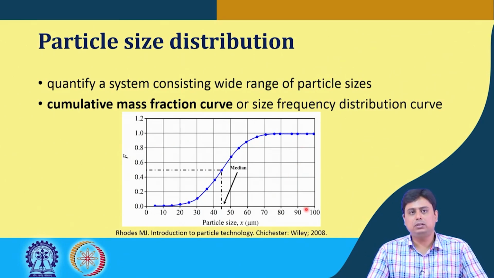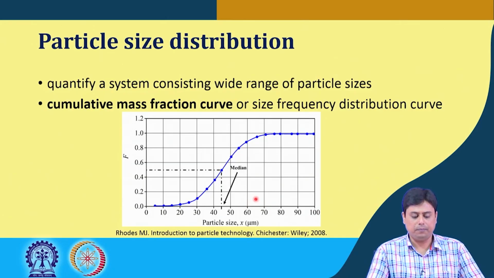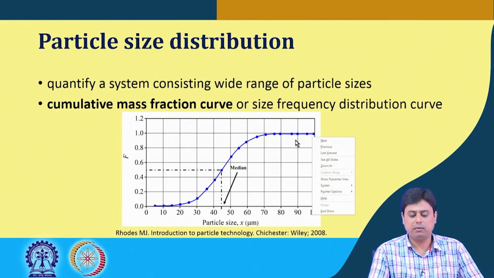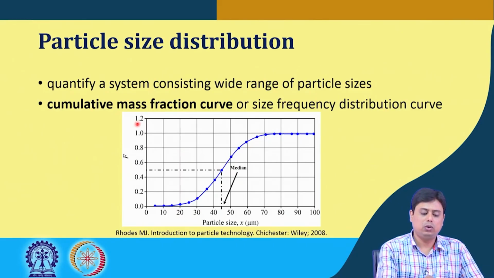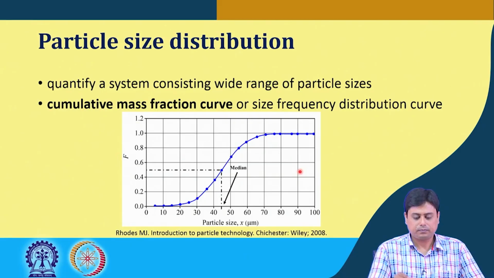Now, what happens from this cumulative mass fraction curve? This is a typical example. Once you get such a curve, it goes to a maximum value of 1, because the total mass fraction cannot exceed 1. Then you find the median of this graph.